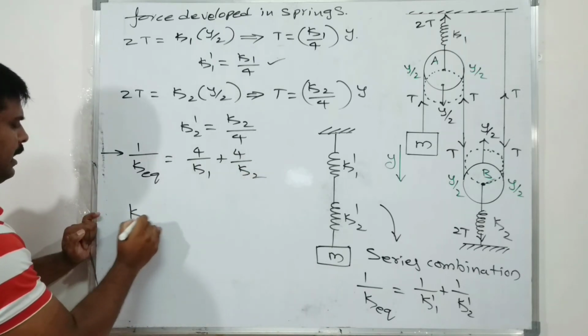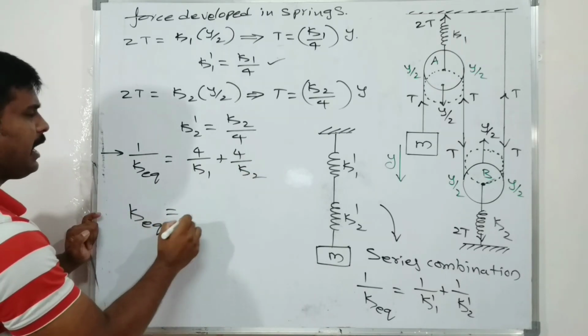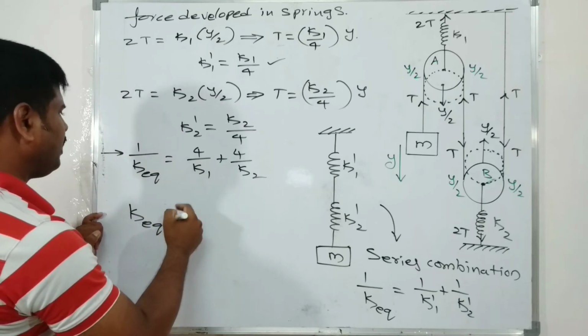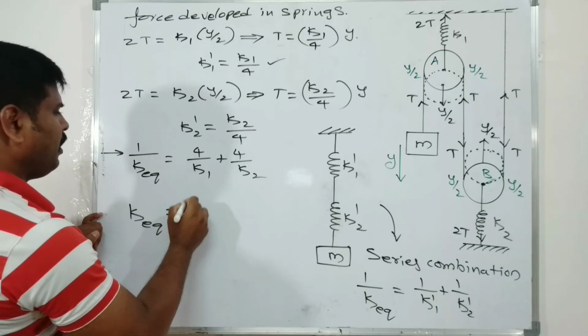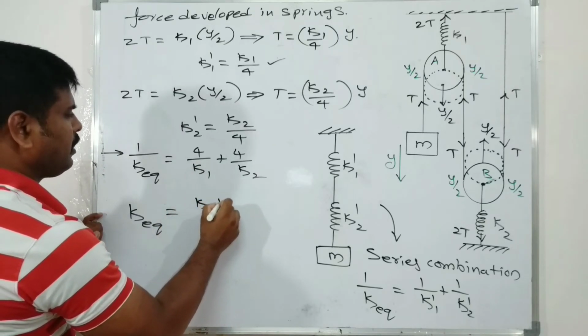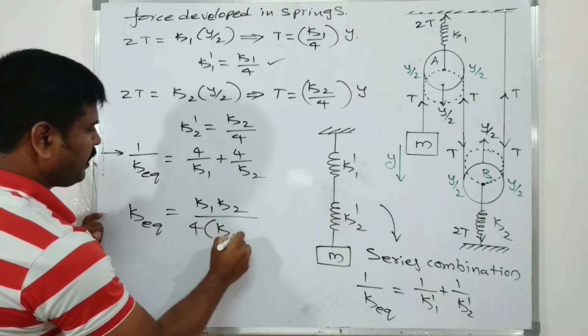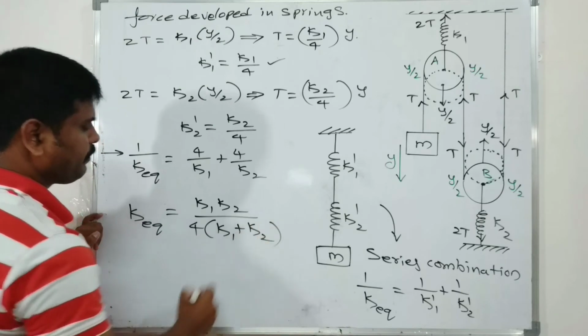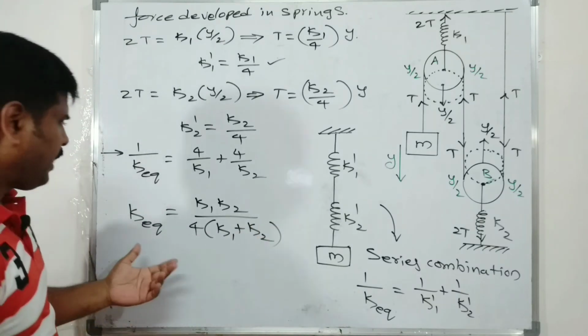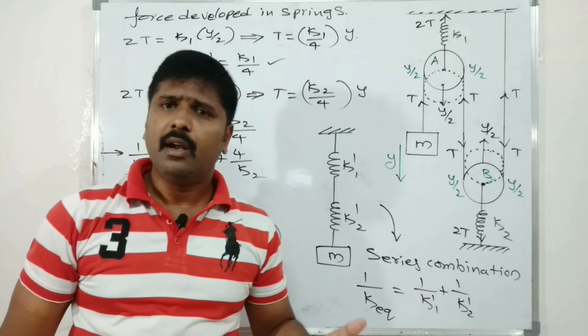So K equivalent is equal to K1 K2 divided by 4 into K1 plus K2. So we can write the time period formula directly.